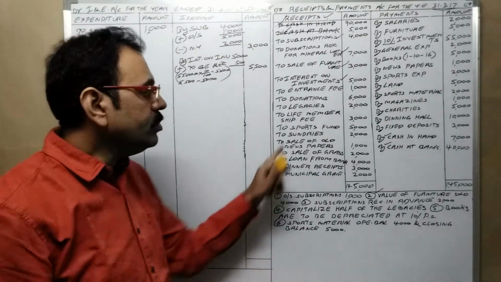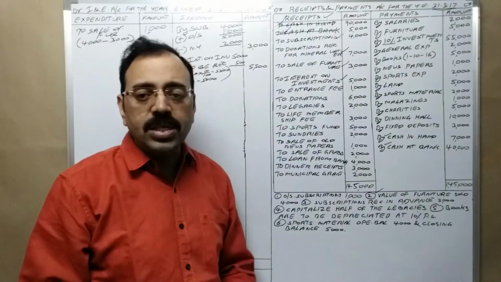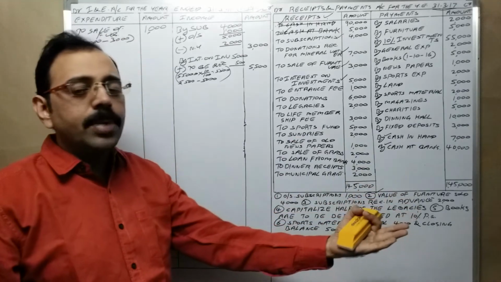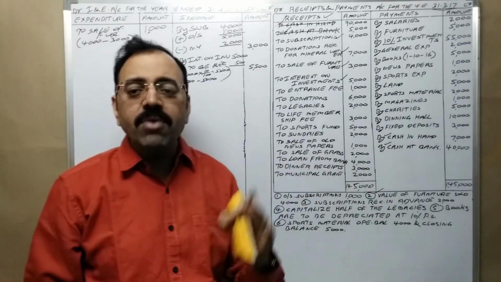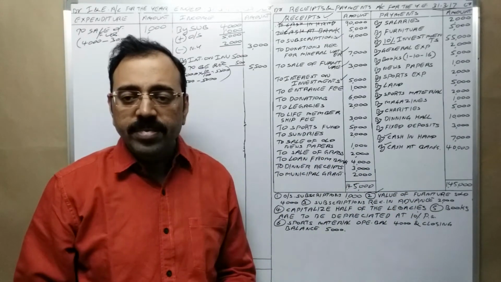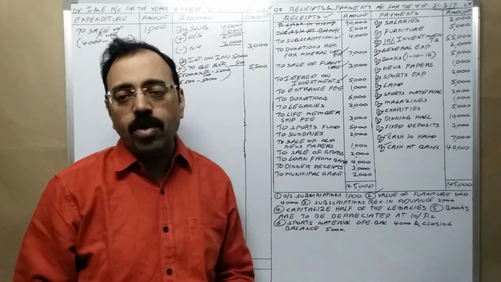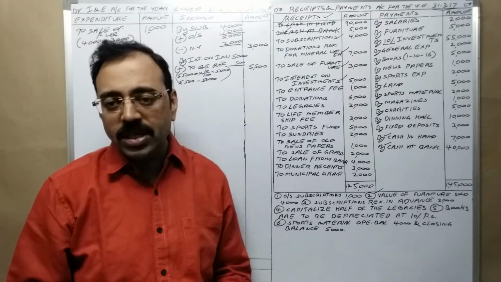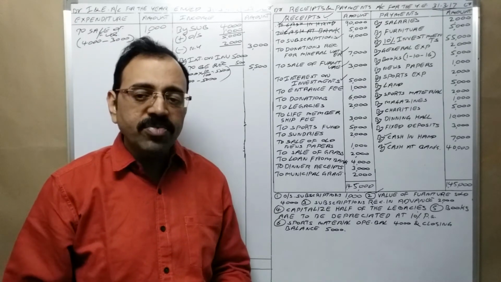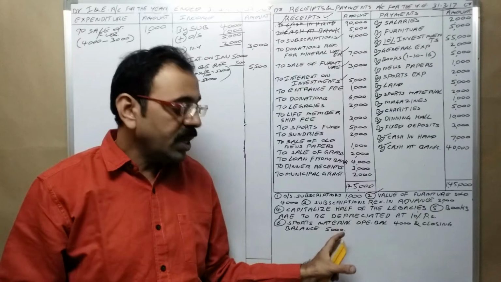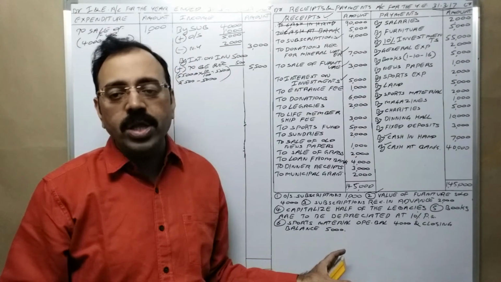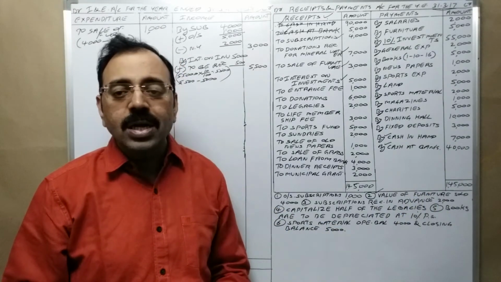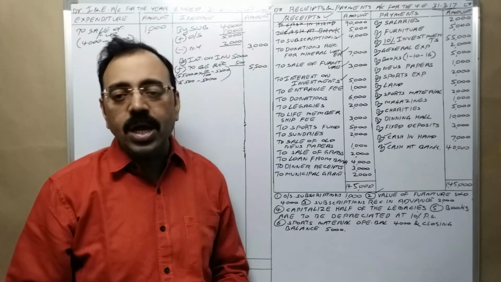Then the next one, entrance fees. Entrance fees means if any member is joining our organization, then he has to pay some initial amount. It is known as entrance fees or admission fees. What is the accounting treatment for this? If he gives any instructions, we should follow that. If he is silent regarding entrance fees, then treat it as revenue income.